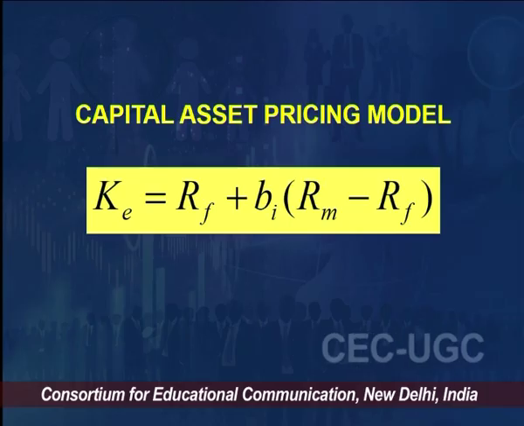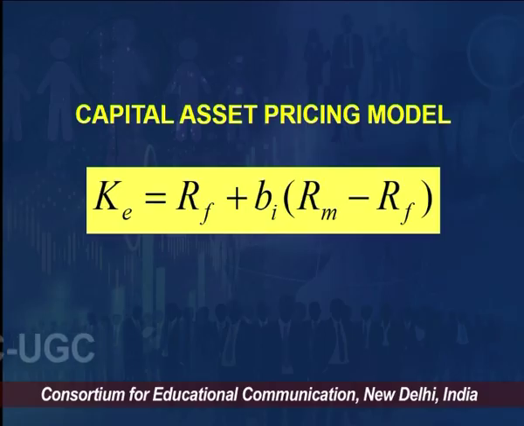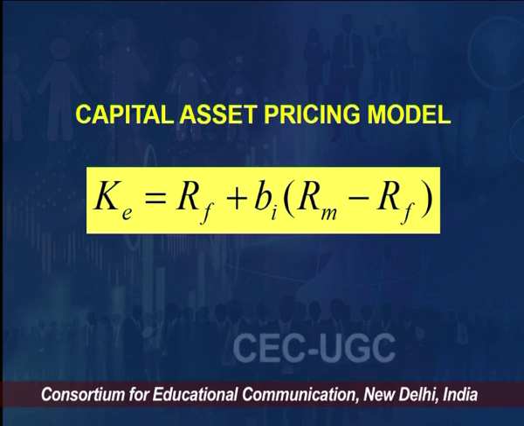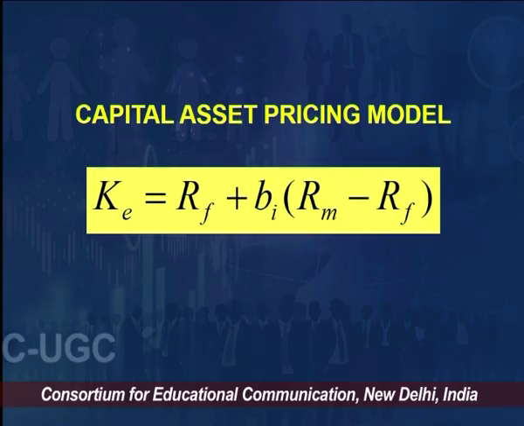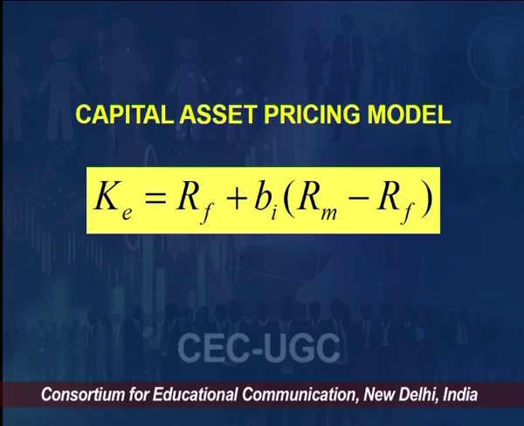So, the equation which we use to calculate the cost of equity using CAPM is KE, which stands for cost of equity, equal to RF, the risk free return, plus beta of that respective T. T is the respective financial asset.